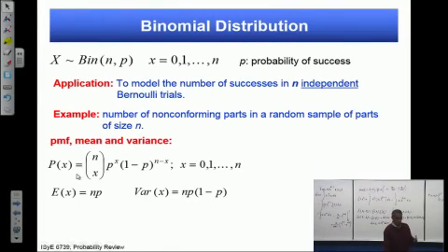Probably some of you have seen this before. This is n choose x, and this part is for modeling success and failure. That's the expected value, and that's the variance. Do you remember the example I gave you just a few minutes ago about rolling dice twice and the number of 6s that you observe?